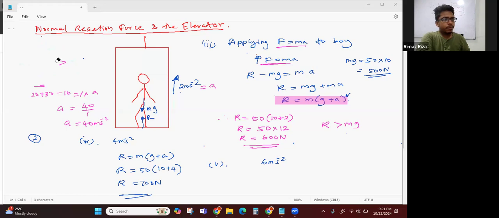Gravitational acceleration is in the downward direction, right? Here the acceleration of the system is upward. The system is accelerating with 2 meters per second squared. So here you can think of it as R equals m times g plus a, right?